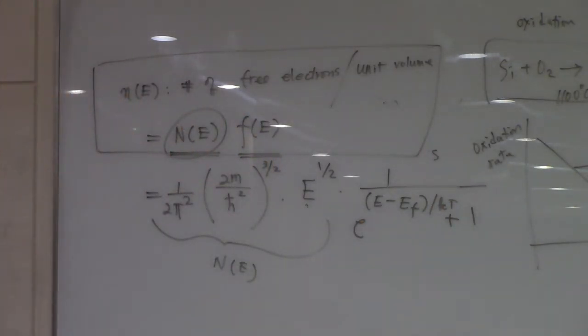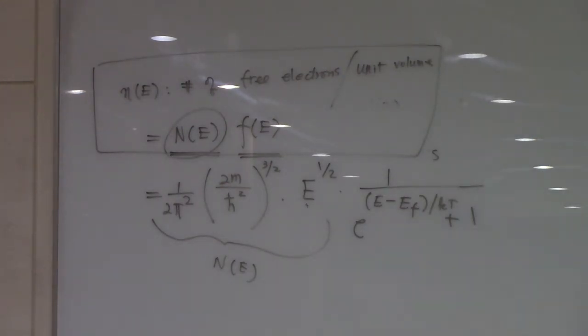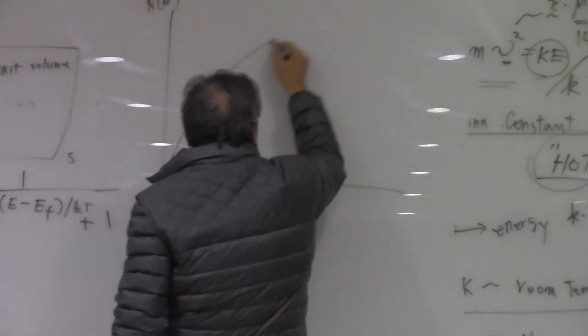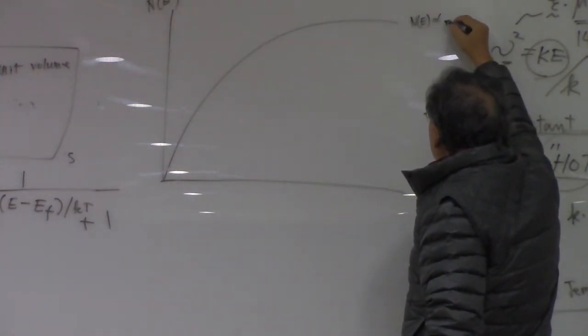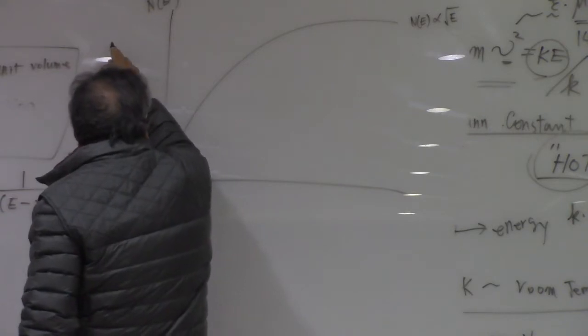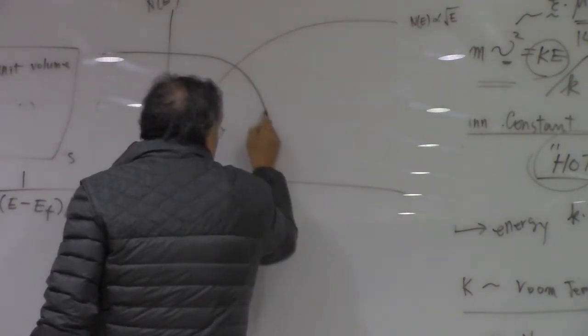If you actually multiply them, N_E is proportional to the square root of E, and the Fermi-Dirac statistics runs, not on the same scale, but it is going to look like this.